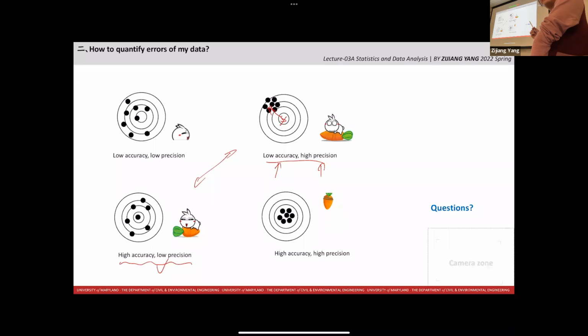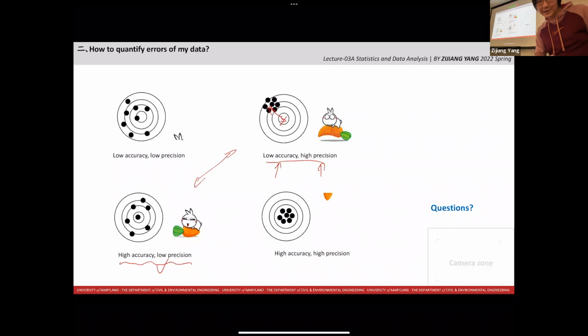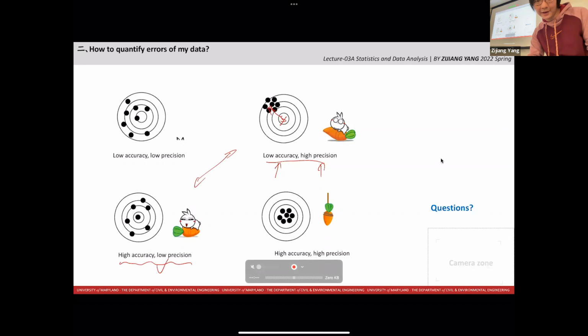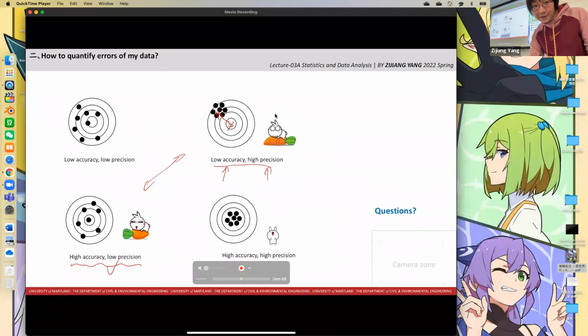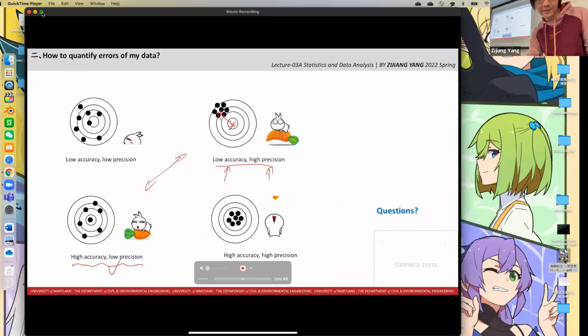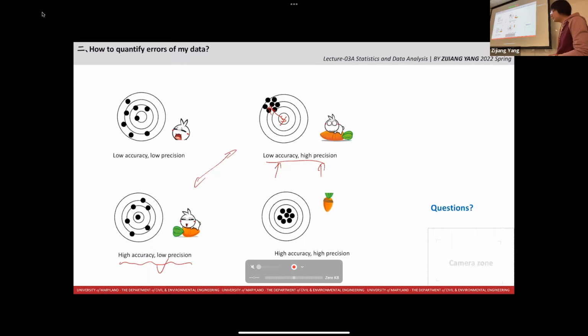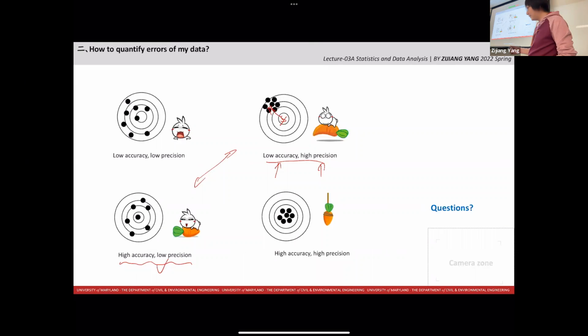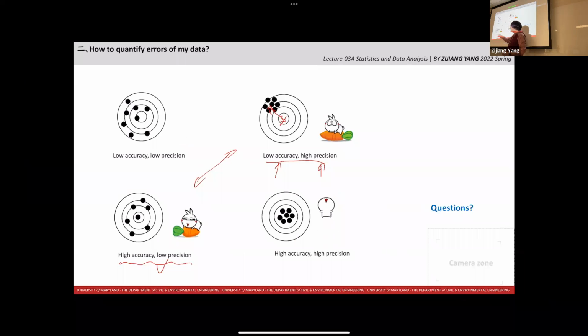How about others? Okay, so I would say this is reasonable, but I would say this one is preferred. The reason is that we can simply take more samples and then we can get the true value.